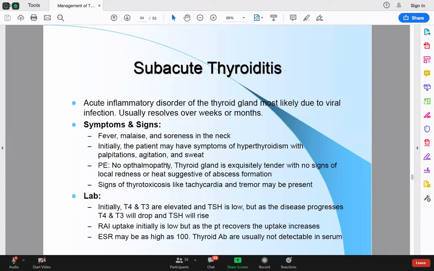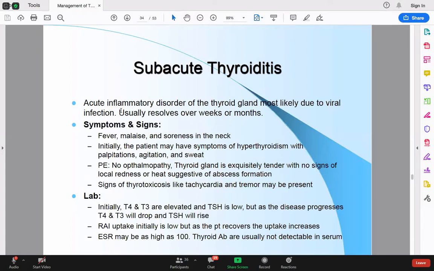Okay, subacute thyroiditis. This is usually driven by a virus, okay? And we placed it at the end for a reason, and you're going to know why shortly. Usually those people have a viral illness, like an upper respiratory tract infection, preceding their subacute thyroiditis, and sometimes they don't have it. They just present with subacute thyroiditis.